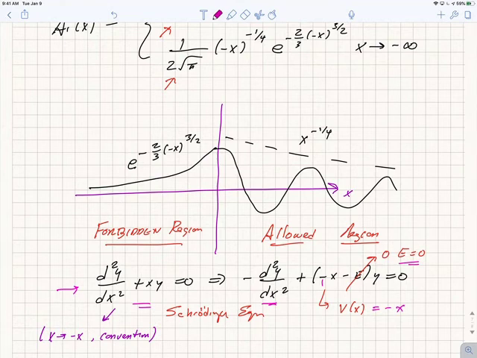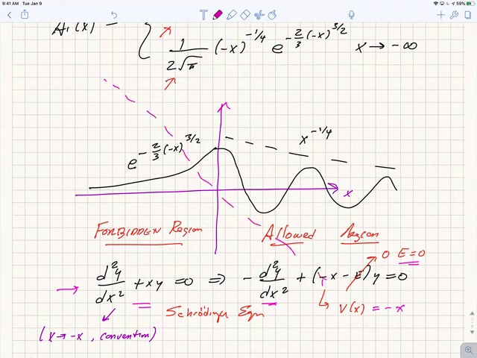So if I think about that, here if I plot as a function of x, if I plot the potential, here's the potential, v of x. Oh, sorry. That was backwards. V of x is minus x, so I'll get rid of that. Sorry about that. Here's the potential.